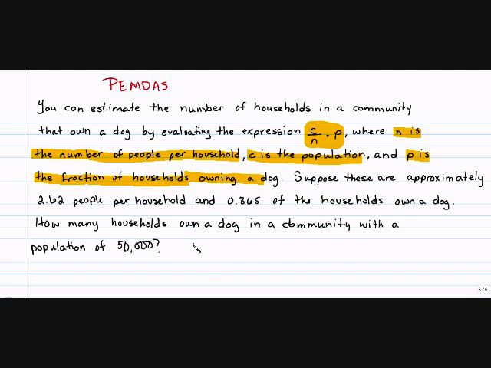So my first one, C, and it says C is the population. And then it tells me N is the number of people per household. And P is the fraction of households owning a dog.